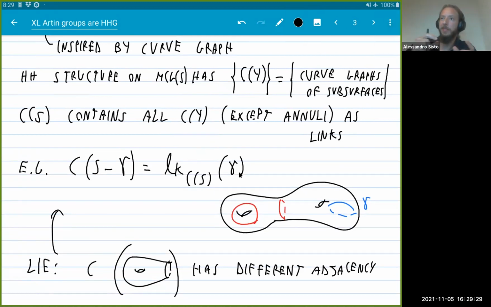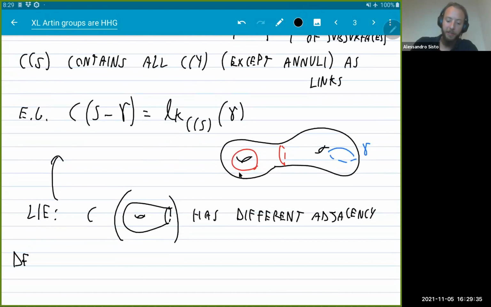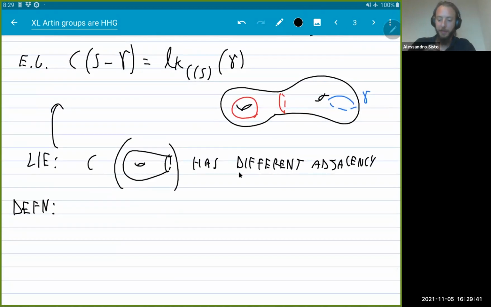But you need that there's some missing edge type of issue, which is corrected by the following definition. Okay, so I'm done talking about the curve graph, in case you got distracted doing something else. Now back to the core of the talk, let's say.